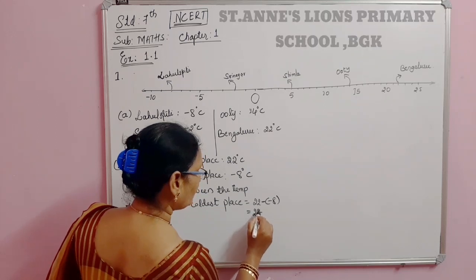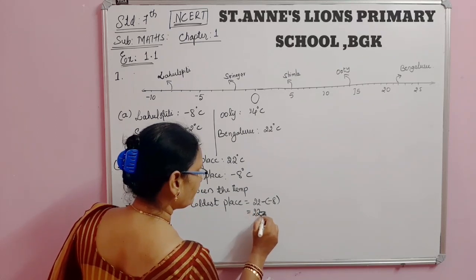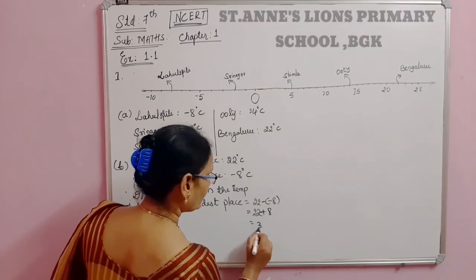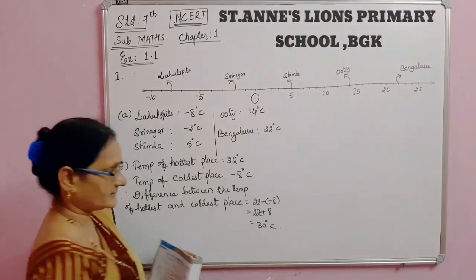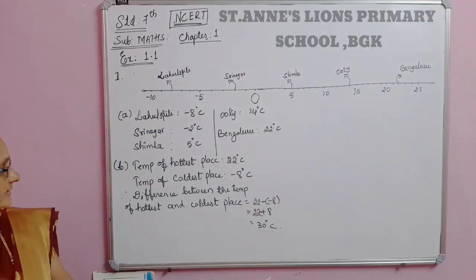So 22 plus 8 is equal to 30 degree Celsius. This is the second one.